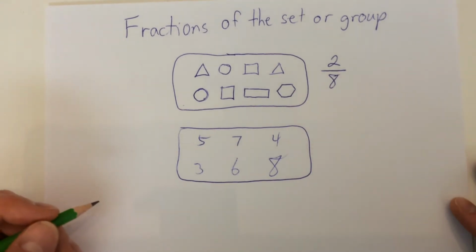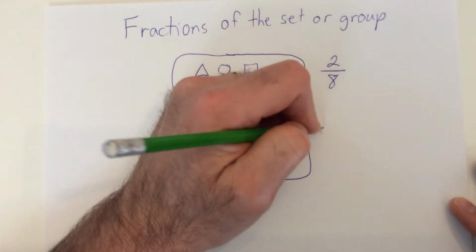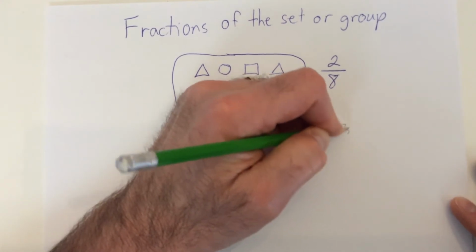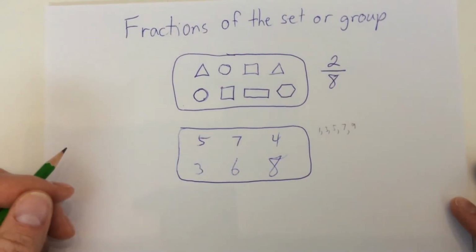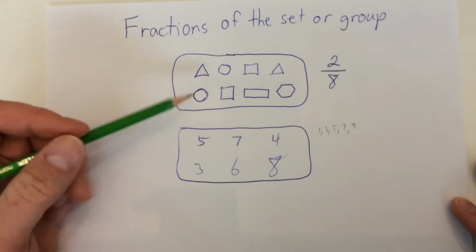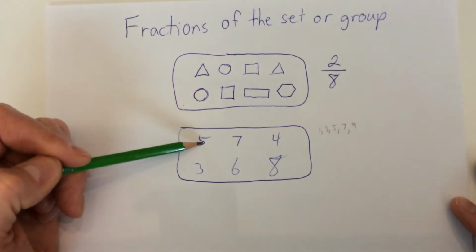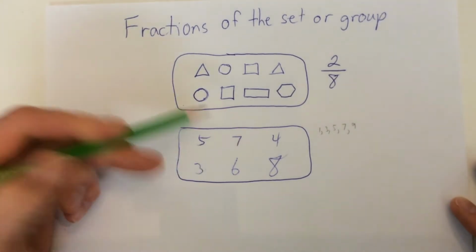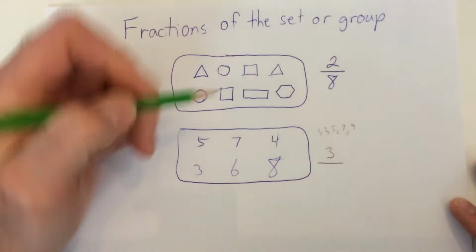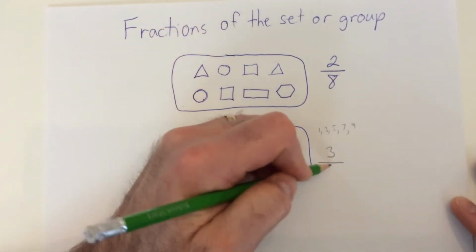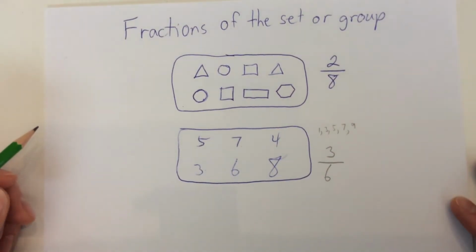Okay, so remember what odd numbers are. Odd numbers are 1, 3, 5, 7, 9. So I look at all these numbers and go, which ones are odd? Okay, odd, odd, odd. So that's 3 of them. So 3 out of 1, 2, 3, 4, 5, 6. 3 out of 6 of those are odd. Okay, so we can do a fraction of that.